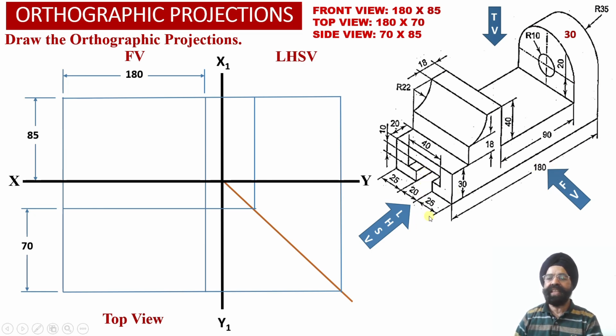Now we can see that there is element number 2. This element number 2 is a rectangular block which has been sectioned by a circular arc at the top surface having radius equal to 22 millimeter, and this rectangular block happens to be perpendicular to the front face of the solid over here.